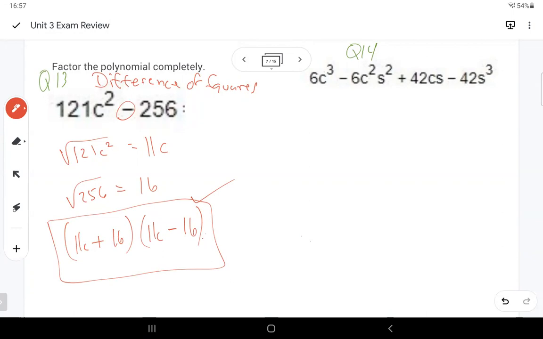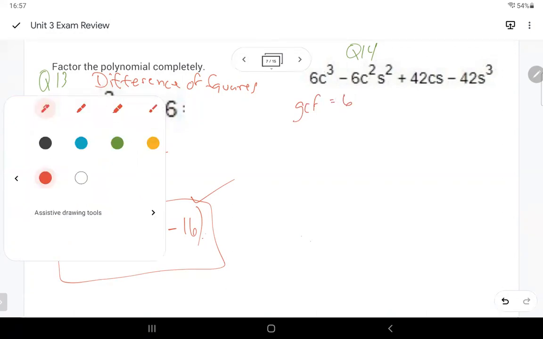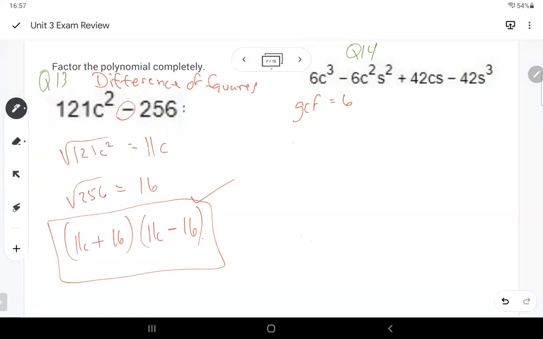Okay. For this one, we want to pull out a GCF first. That GCF is 6. That is going to leave us with 6 on the outside, c cubed minus c squared s squared. And we're going to factor these by grouping, plus 7cs minus 7s cubed.